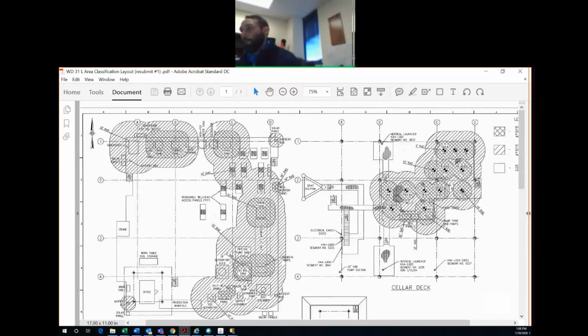And if they have 3 different designations, first of all, if they were using 505 to classify their platform, you would see 3 different designations, and those are not called divisions, those are called zones.